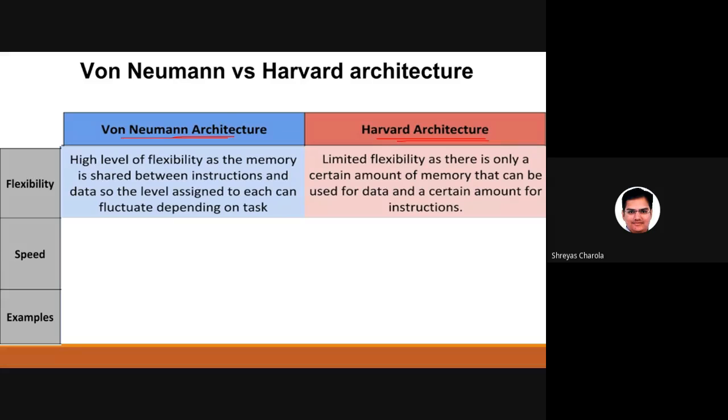Okay, you said the Harvard architecture is correct. Sir, because it is having more data buses than Von Neumann. In Von Neumann, the data bus and address bus are the same: one data bus, one address bus.